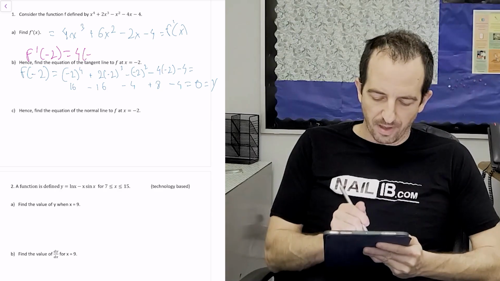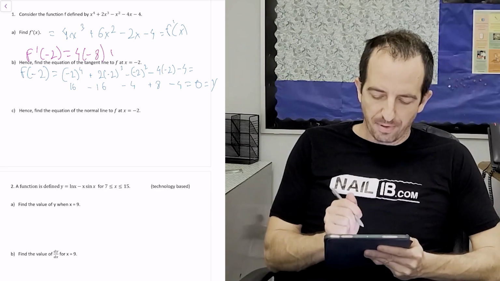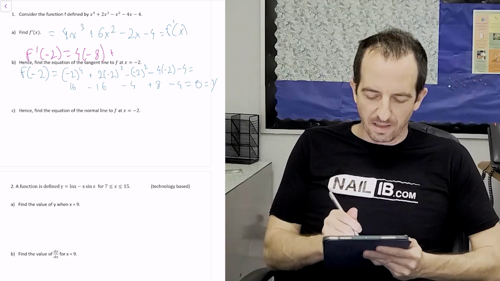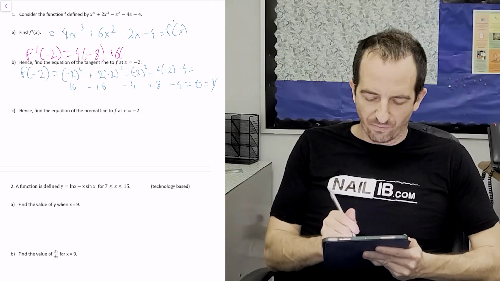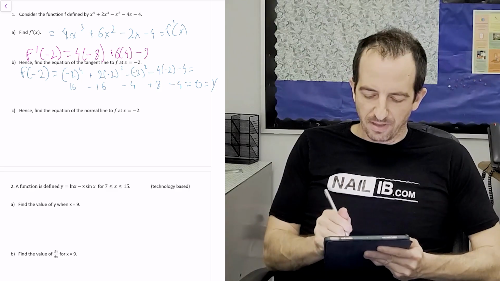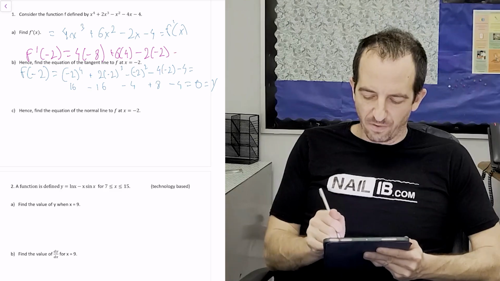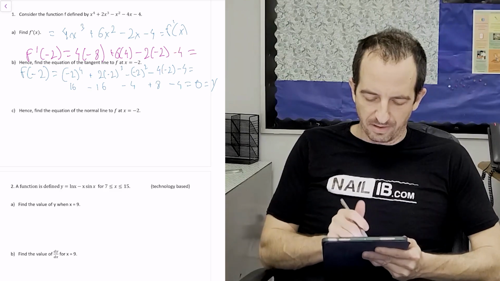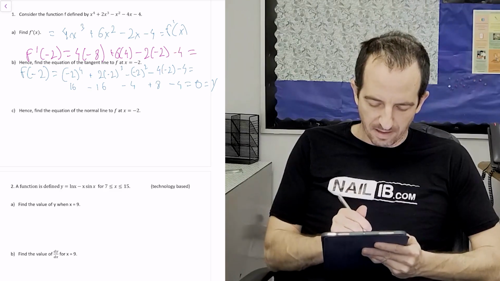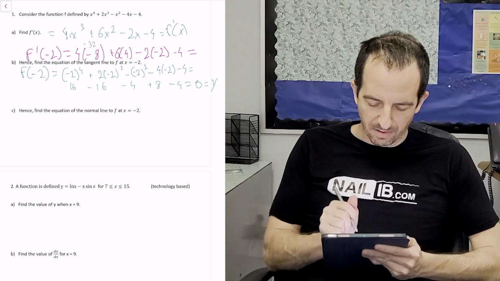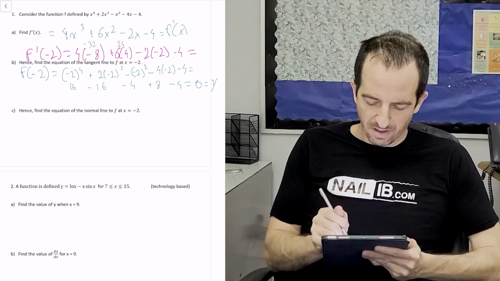-2 cubed, which is -8, plus 6 times -2 squared, which is 6 times 4, take away 2 times -2, take away 4. This is going to be -32 plus 24.